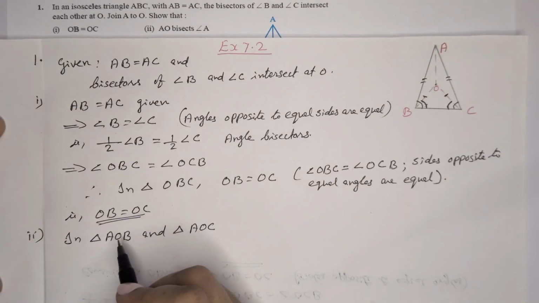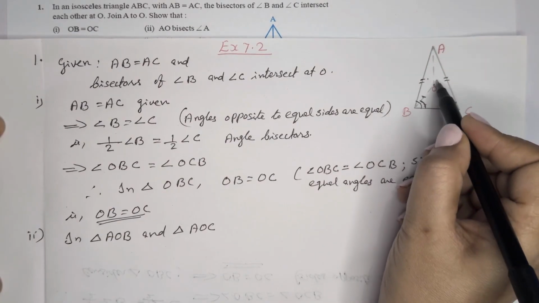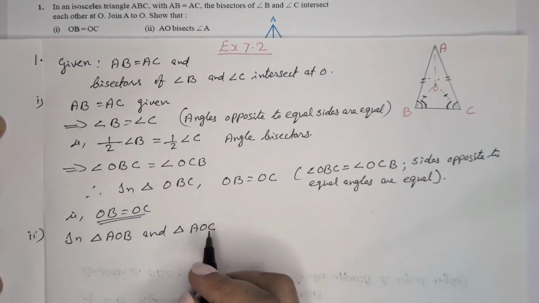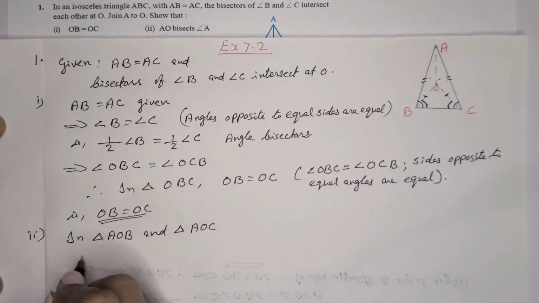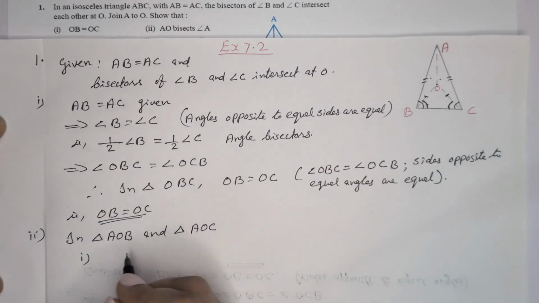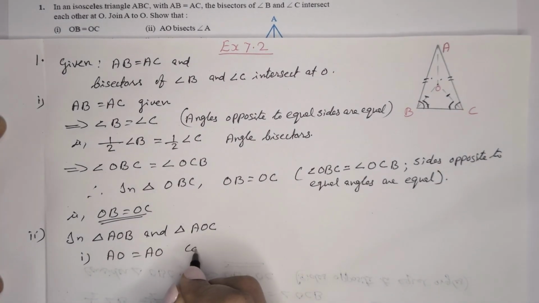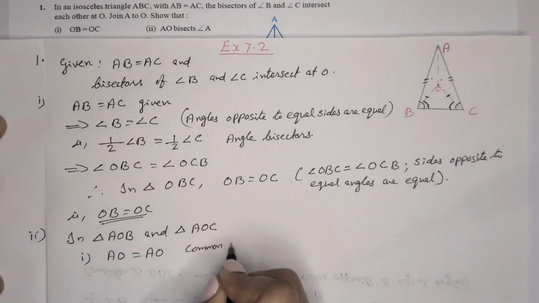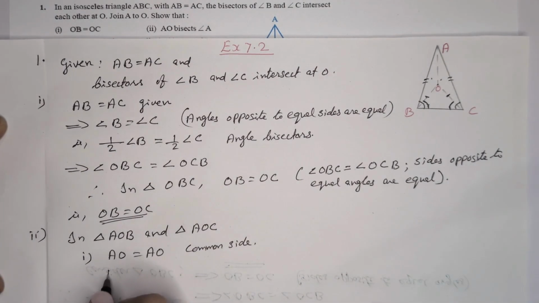To prove the second part, in triangle AOB and AOC, these two triangles we have to consider. In these two triangles, we can write first point AO is equal to AO, that is common side. Then AB is equal to AC, that is given.